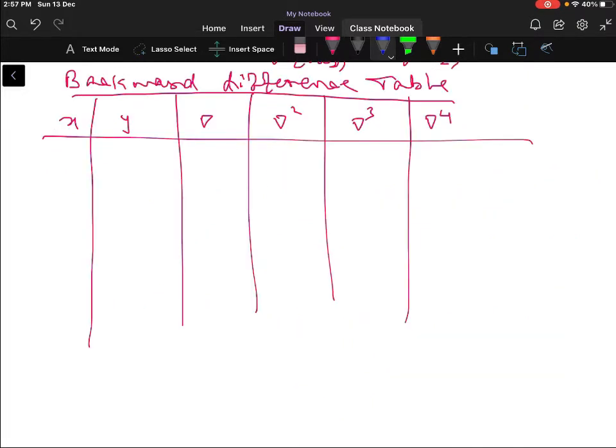Let us construct the backward difference table. Now let us have the x values x0, x1, x2, x3 and x4, and the corresponding y values y0, y1, y2, y3, y4. Now let us define the first backward difference, that is nabla y1: y1 minus y0.